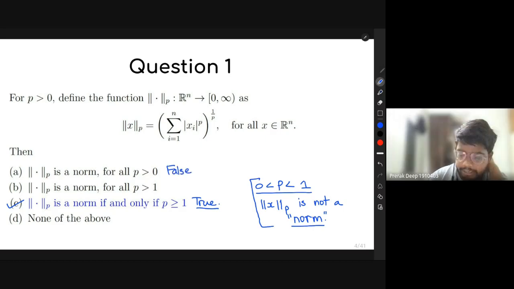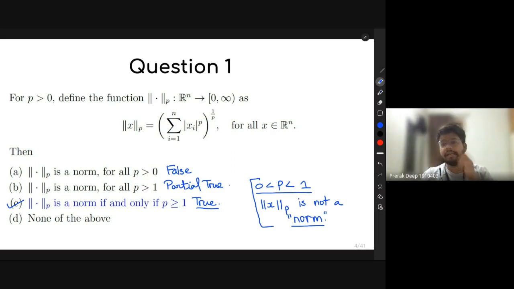This is how we will prove that the first statement is false. Now why is the second statement not fully correct? The second statement is not false, because this function is a norm when p is greater than 1, but it's not the complete truth. It is partially true, whereas statement c is completely true.